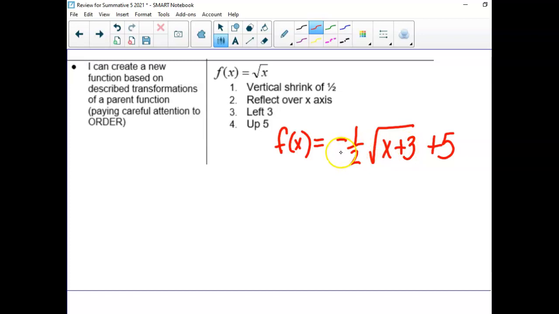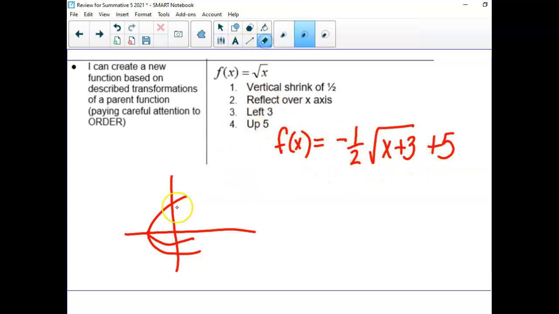But I think because of those things, left 3, reflect upside down, and then vertically shrink, the order wouldn't matter, okay? The up 5, that has to come last because when you reflect vertically and shift. So we're all good.